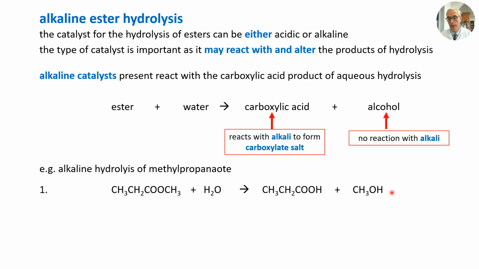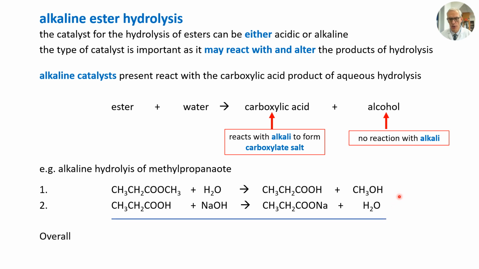Well, only the propanoic acid will react with, say, sodium hydroxide present as the catalyst. So our second reaction then would be propanoic acid and sodium hydroxide will give us sodium propanoate and water.